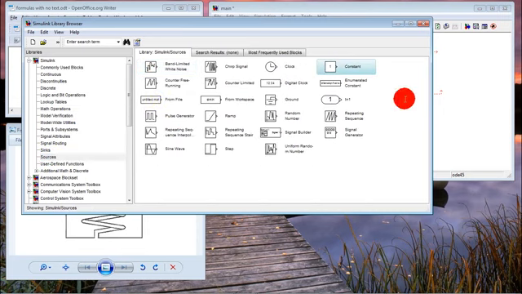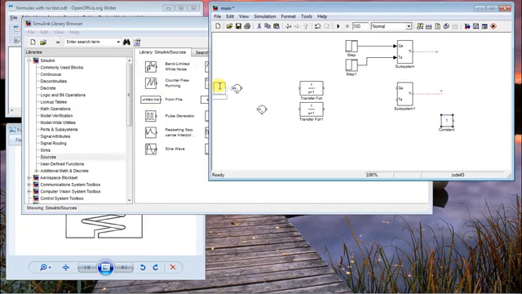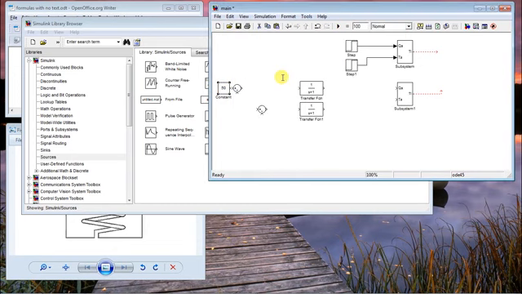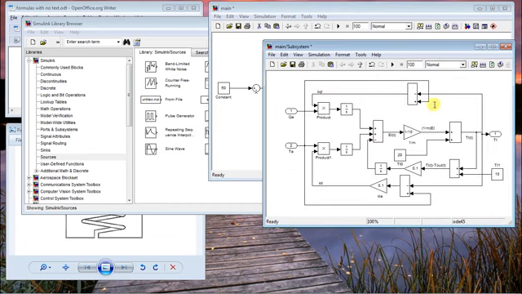A desired value of 50 for the temperature. And another purpose of the control system is to eliminate the perturbations.